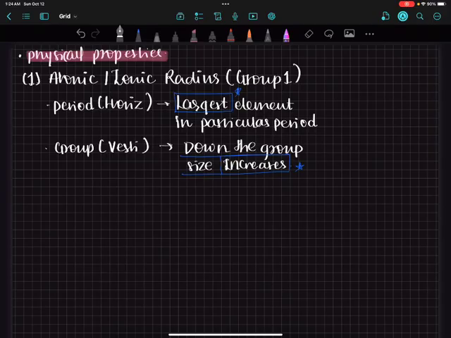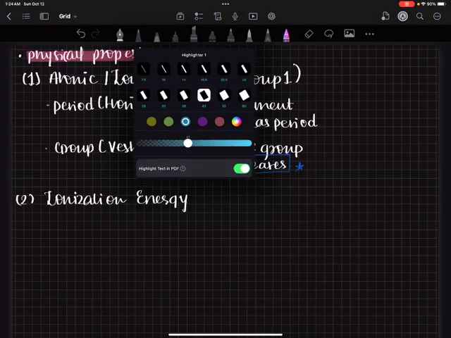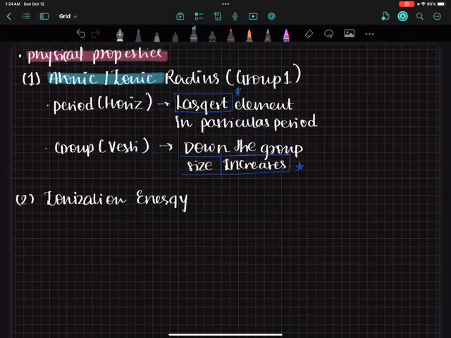Now let's talk about the ionization enthalpy, or you can say the ionization energy. As we know, ionization energy is inversely proportional to the size.